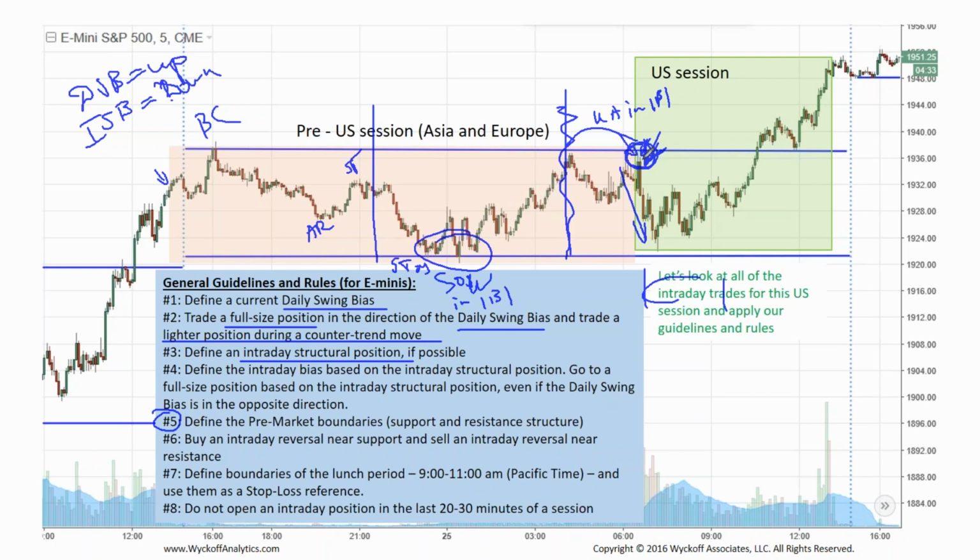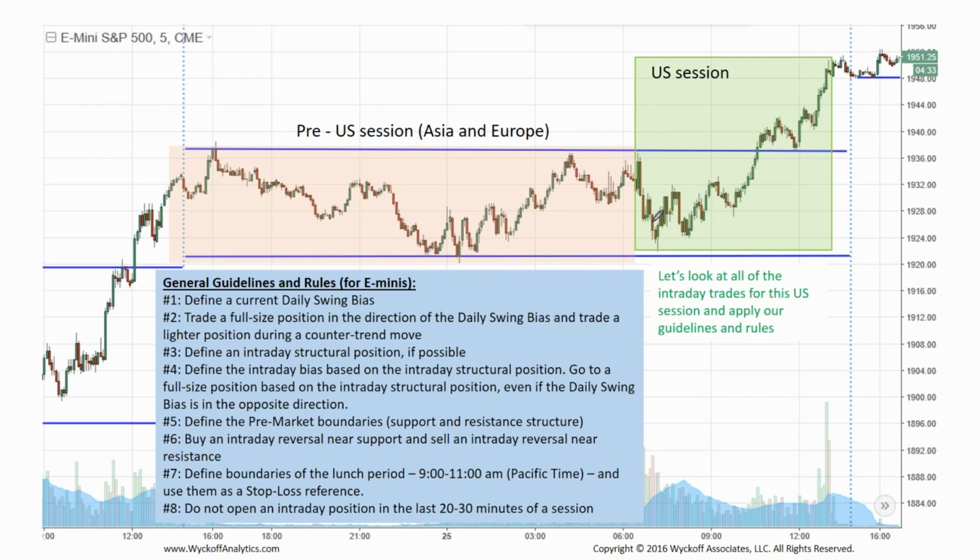And we might take the trade to the downside as a full size position, instead of going somewhat lighter. So we can definitely have a trade to the downside that's going to have a full size.